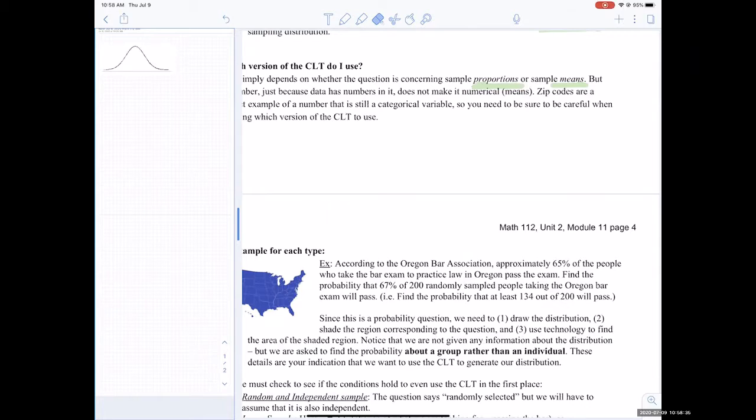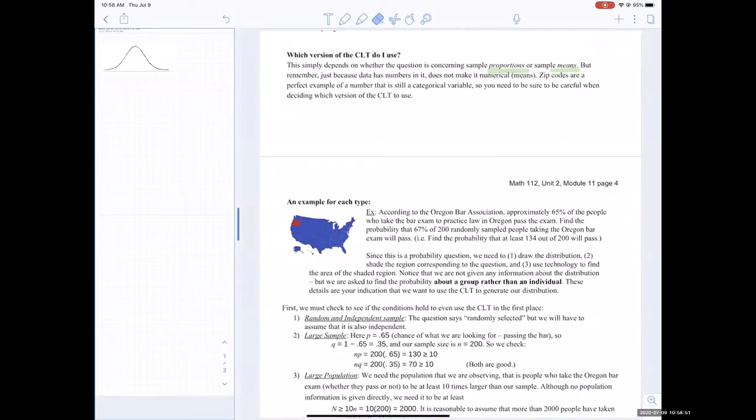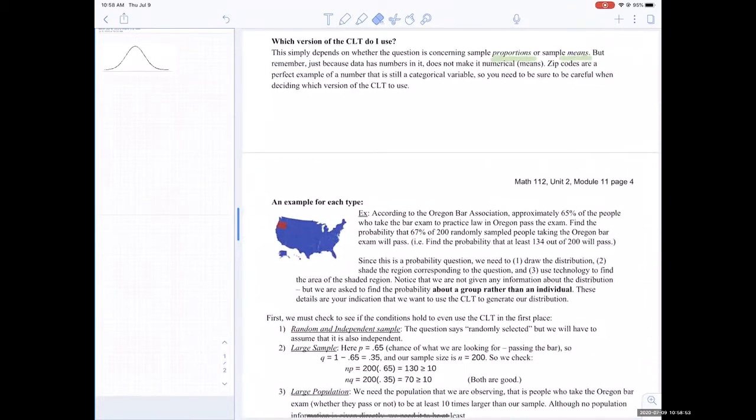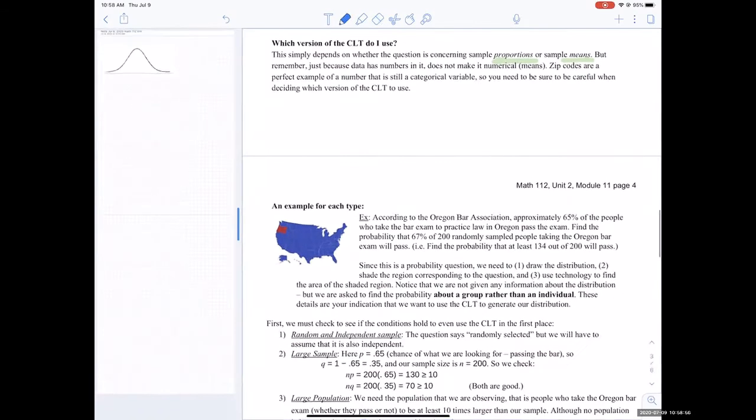Proportion. So according to the Oregon Bar Association, approximately 65% of the people taking the bar exam to practice law pass. So we know that p, let's gather our information, p is equal to 0.65. Now, Michael, can I ask what q is then? 0.35. Very good. It's just the complement.